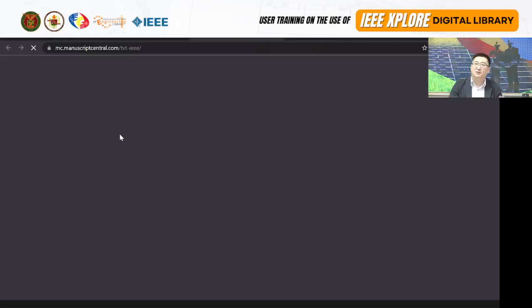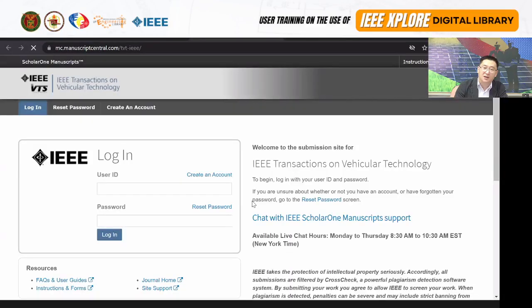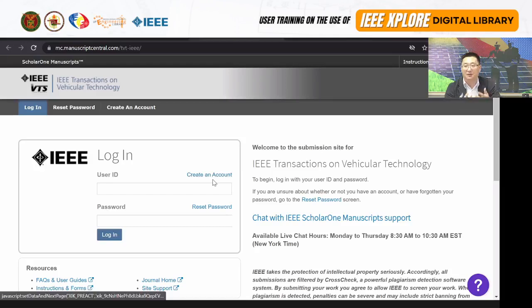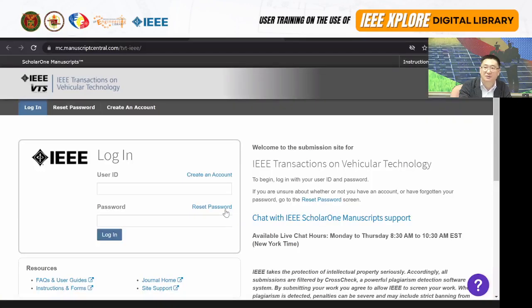Of course, you are required to log in. You will need to have an account to log in, but don't worry, all you need to do is create an account. Right? It's a very smooth process. Just create an account. You will be able to log in and start submission. Now, submission of a paper is as simple as sending out an email. If you are sending out an email, you will need to have the recipient's email address, the subject of the email, the body, the attachment, that's it. The same here.